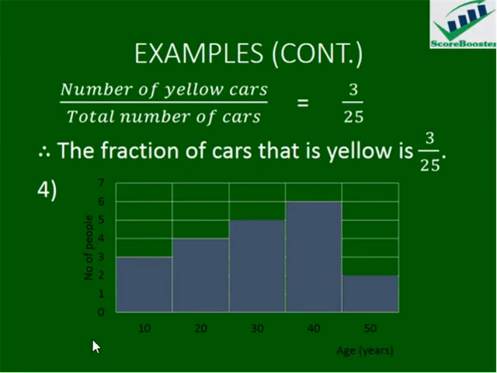So people of age 10, only 3 people are of age 10 that are affected by the pollution. 4 people of age 20, you can see we are reading the height of the histogram. 5 people of age 30, 6 people of age 40, and 2 people of age 50. So for us to know the total number of people affected by pollution, we have to add the frequency of those ages, which is the height of those bars.